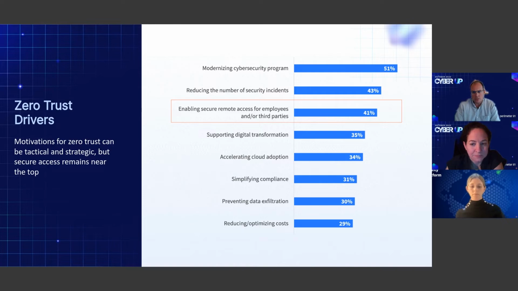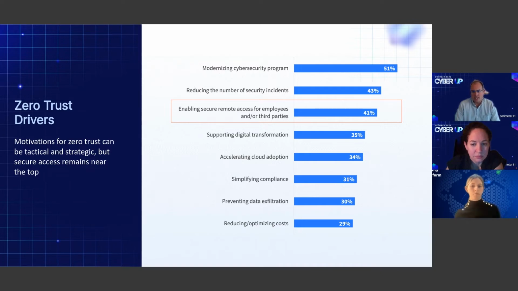There's also some strategic alignment here. So Zero Trust can help support digital transformation, cited by 35% of respondents, and can help accelerate cloud adoption. There are tactical security drivers as well, as far as reducing the number of security incidents and preventing data exfiltration and things like that.